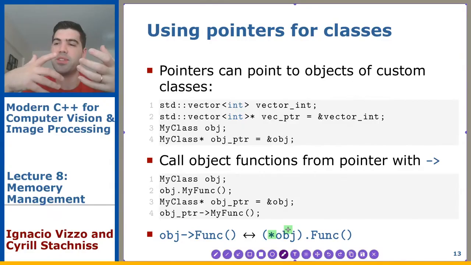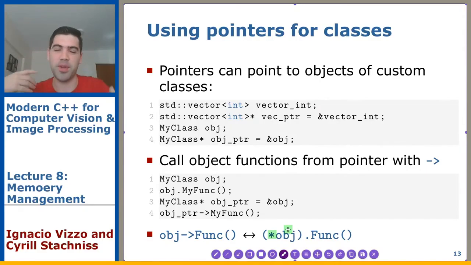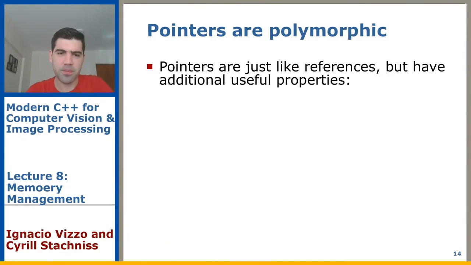So when you dereference a pointer, you get what you're pointing to, and when you start thinking like this, you will get into all sorts of trouble. So take it easy, and then you just call the function normally. So this is basically syntactic sugar for this call.